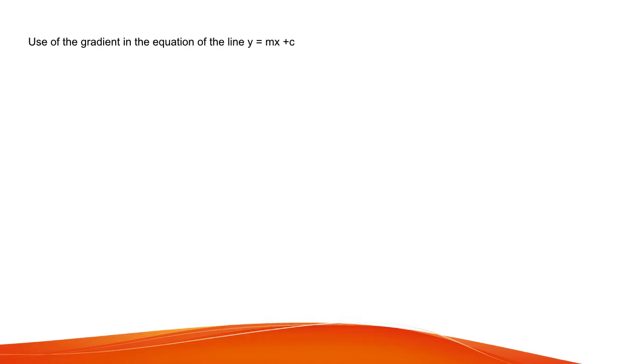Using the gradient in the equation of the straight line, y is equal to mx plus c. The vertical distance is called the rise or fall, and the horizontal distance is called the run.